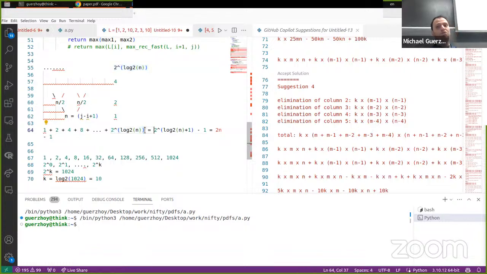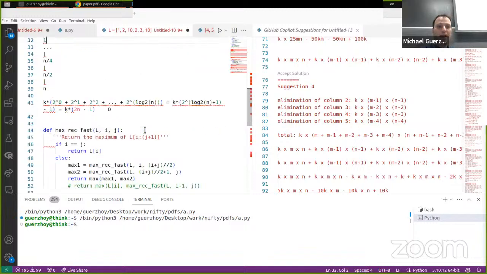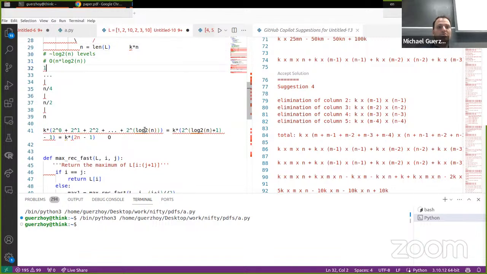So this is like 2 to the power of (log n plus 1) minus 1, divided by 2 minus 1. 2 to the power of log n is like you're back to n. So O(log n) would be this kind of situation, if you go from n to n over 2 to n over 4 in a recursive situation, and each call takes the same amount of time.